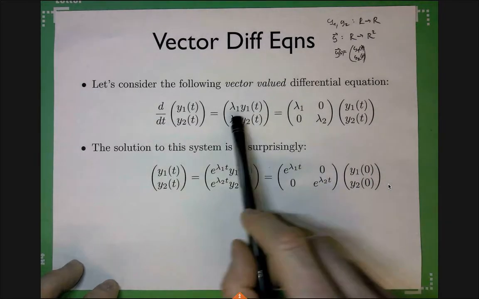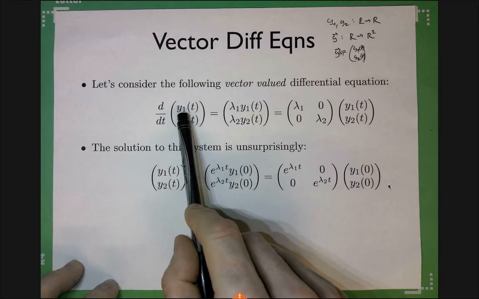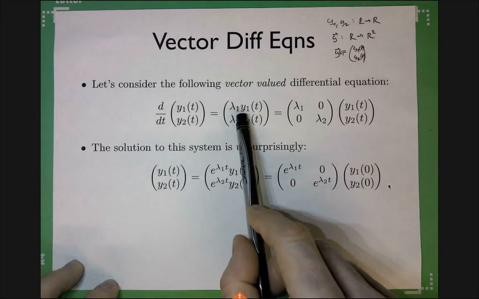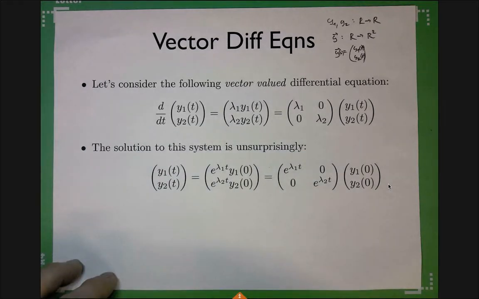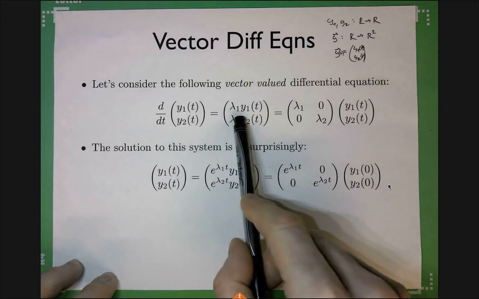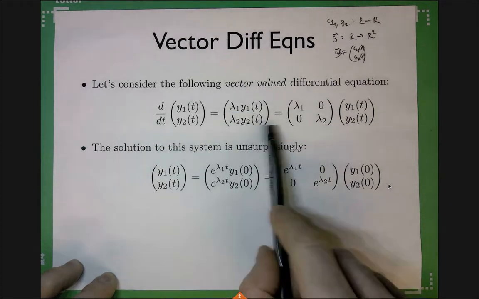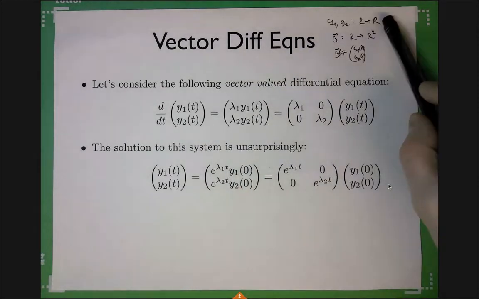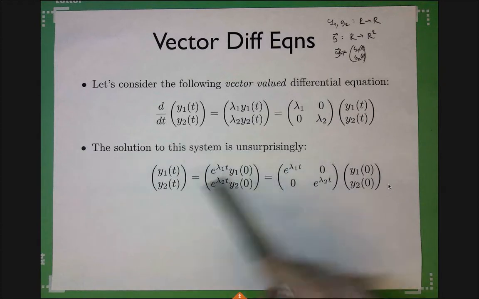Here I'm asking for y1 such that the derivative of y1 is lambda 1 y1, and the same for the second one. So they are totally unrelated, right? You just apply what we just said for 1D functions individually to each component.